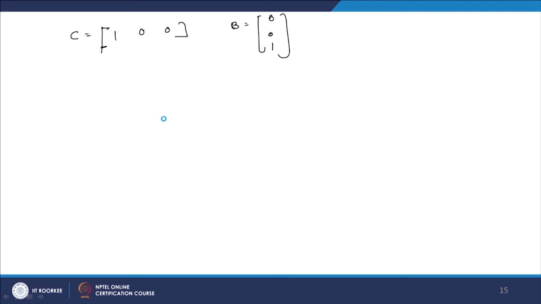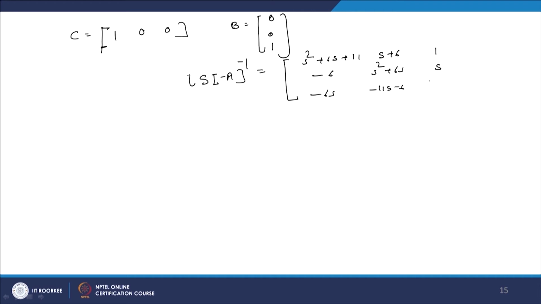And what is sI minus A inverse? sI minus A inverse we have got as s square plus 6s plus 11, s plus 6, 1, minus 6, s square plus 6s, plus s, minus 6s, minus 11s, minus 6, into s square, that is s square.